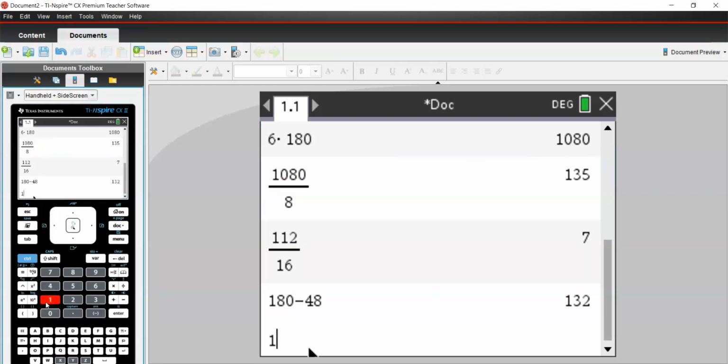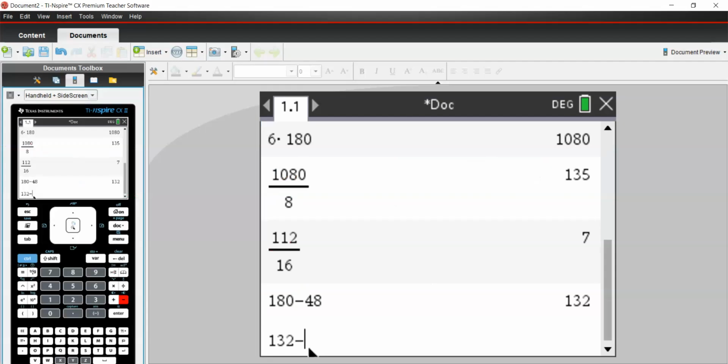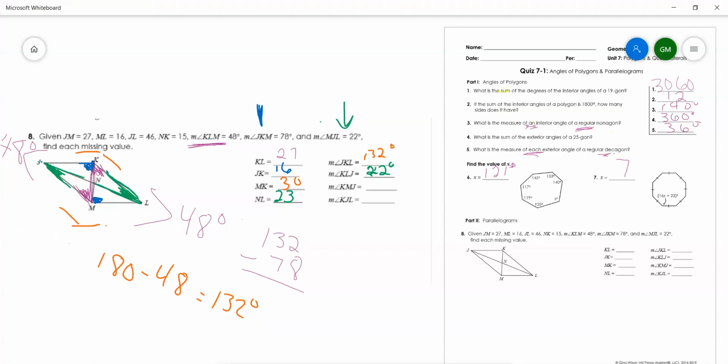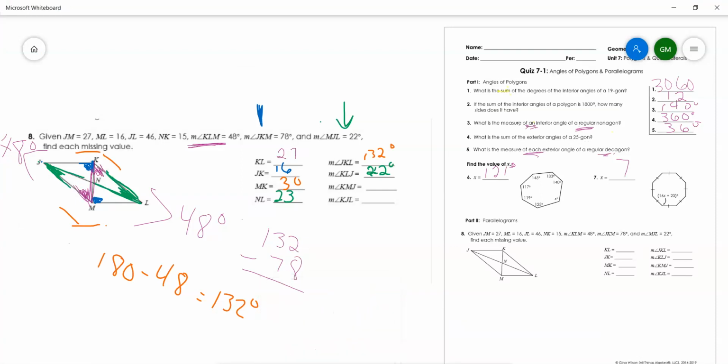So it's 132 minus 78. And that gives us 54 degrees. So let's make that a little bit thicker.